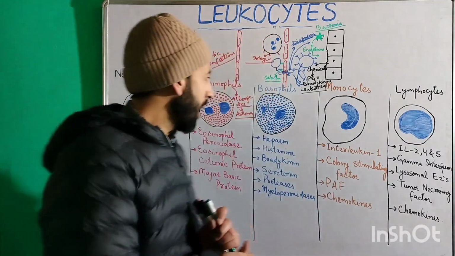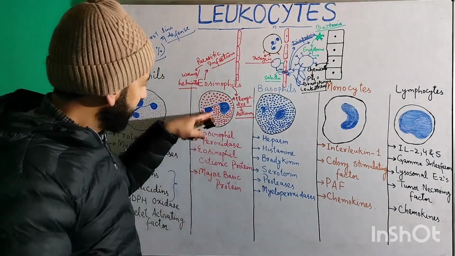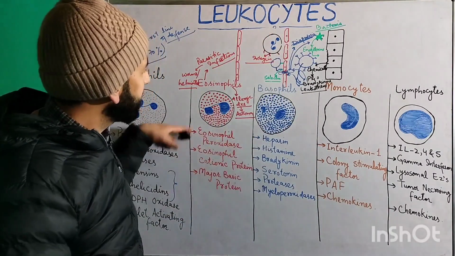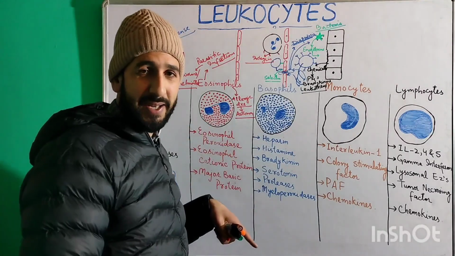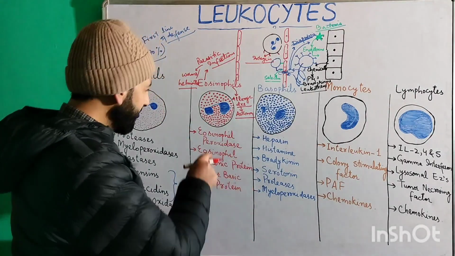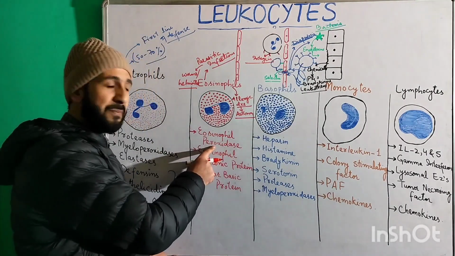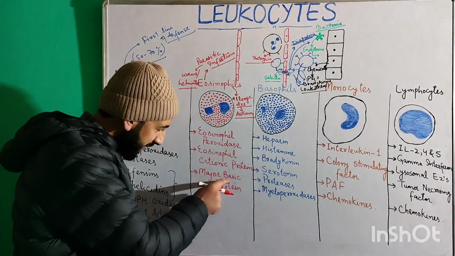Now let us talk about the secretions of these eosinophils. These secretions are very important to help these eosinophils fight against these parasites or allergic diseases. The first thing which is actually secreted is eosinophil peroxidase, and then eosinophil cationic protein, and then the major basic protein.